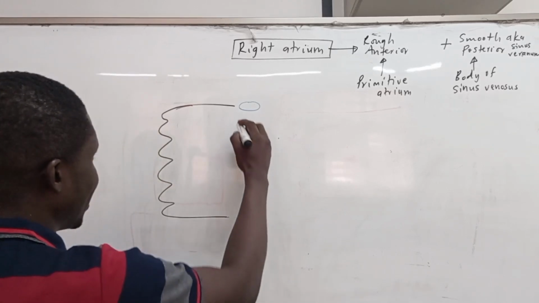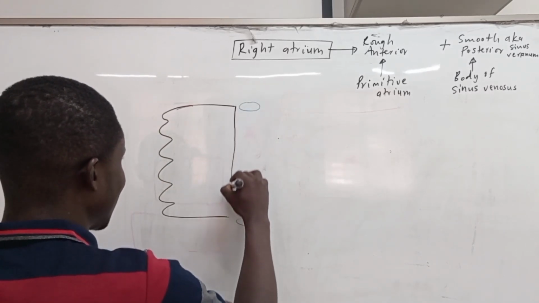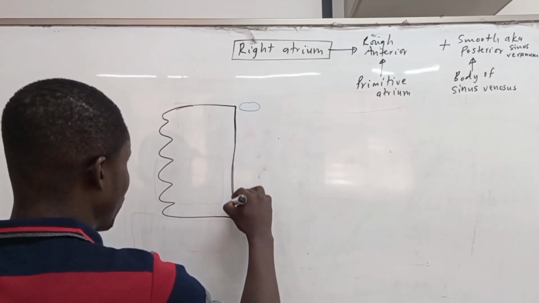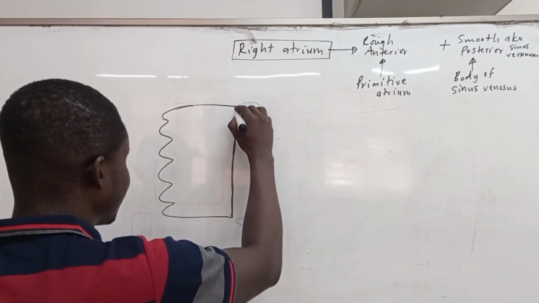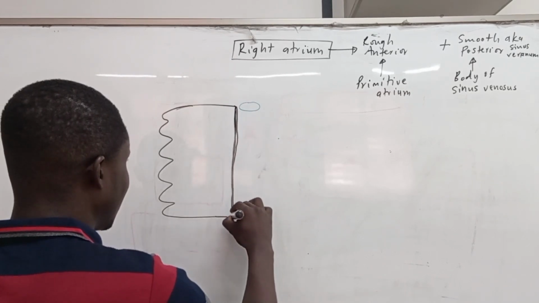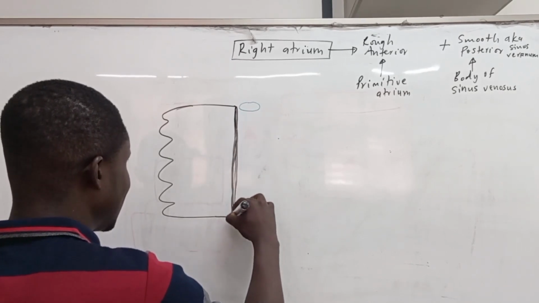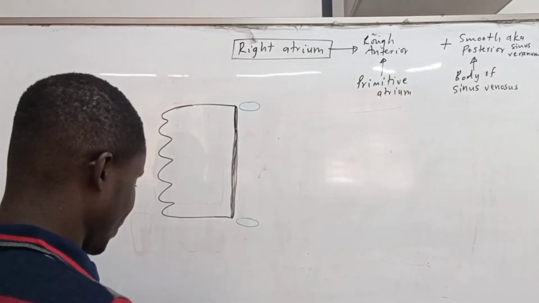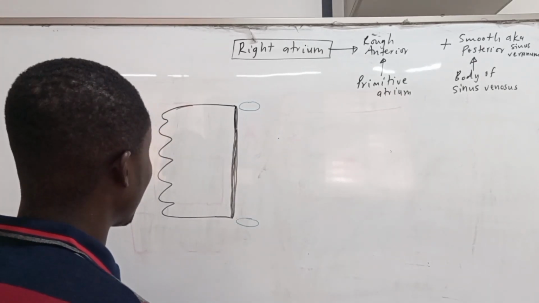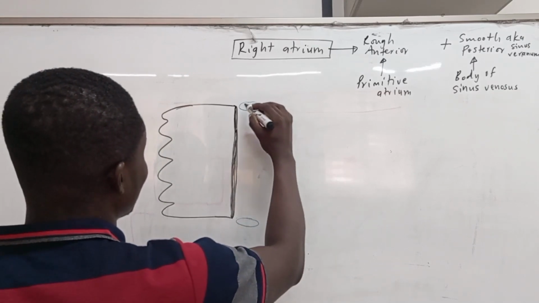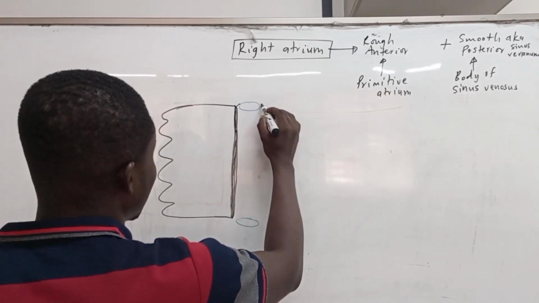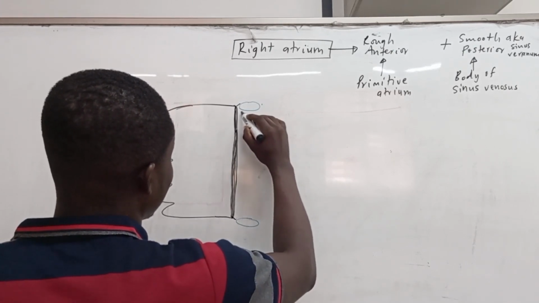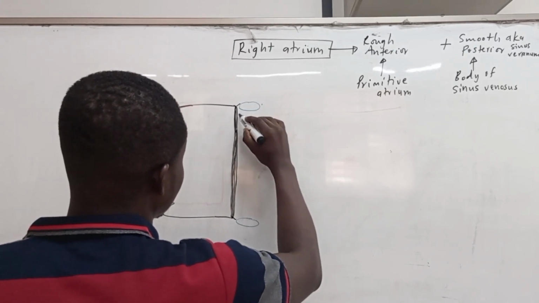And then over here, I put the delimiting structure, which will be separating the rough component from the smooth component. A delimiting structure, this internally, I've cut to reflect it. So internally. And then from here, we also have this.